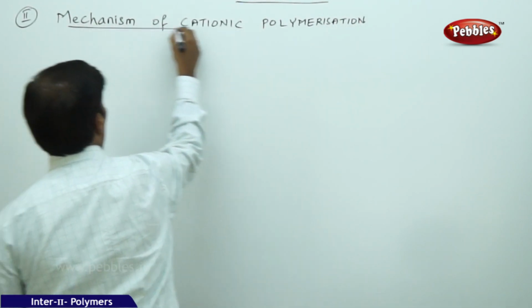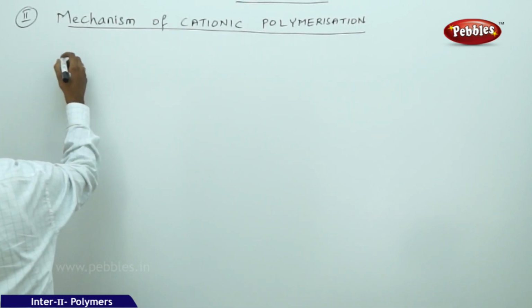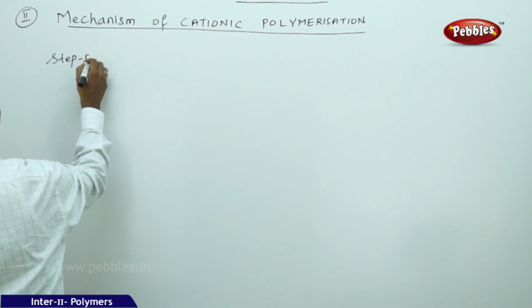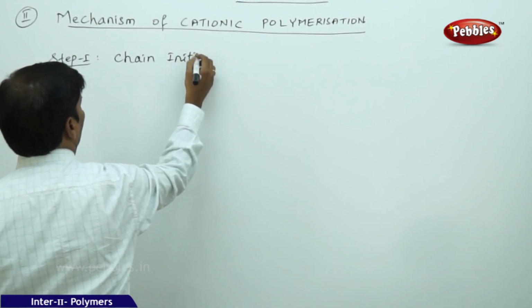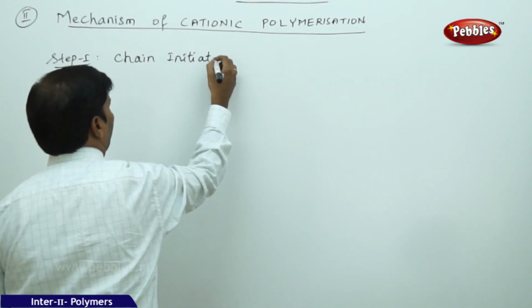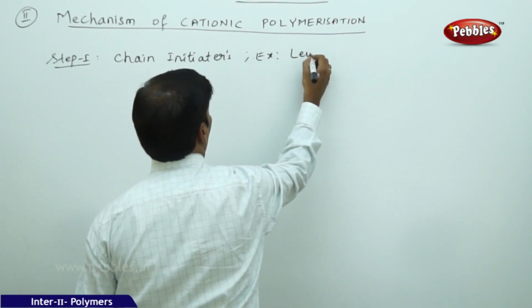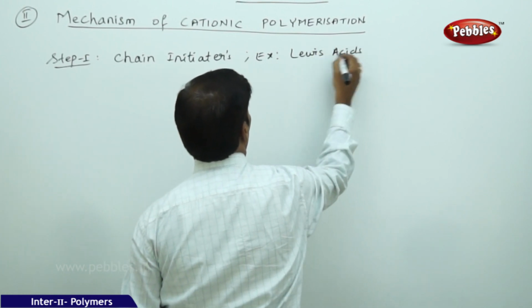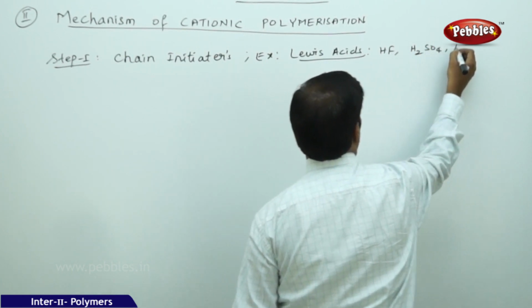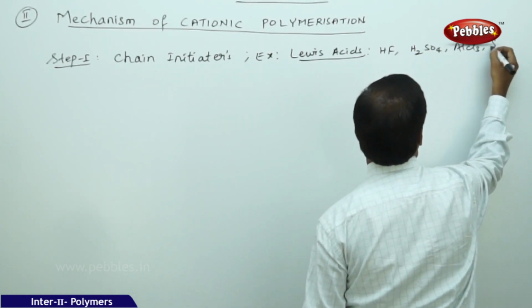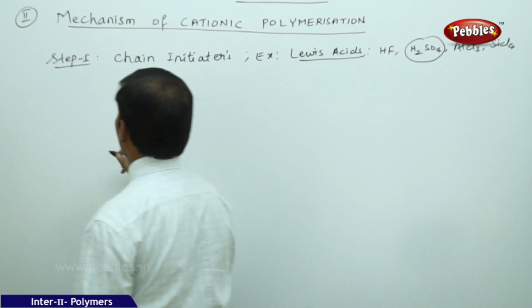In step 1, for chain initiators, you can take examples of Lewis acids like HF, H2SO4, AlCl3, SiCl4, etc. The best choice is sulfuric acid.